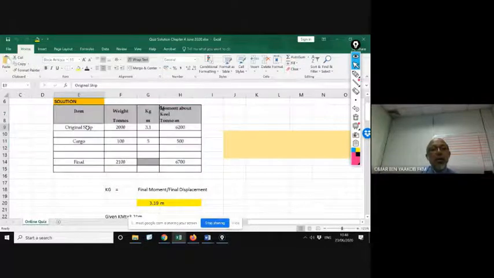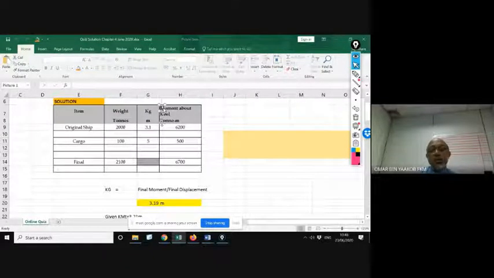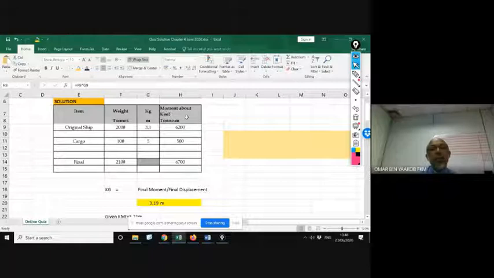In the loading table, we do not forget the original ship. There must be original ship: weight, KG, and the moment about keel, 6,200. So you add the cargo there, add that KG, and you should find the final KG.